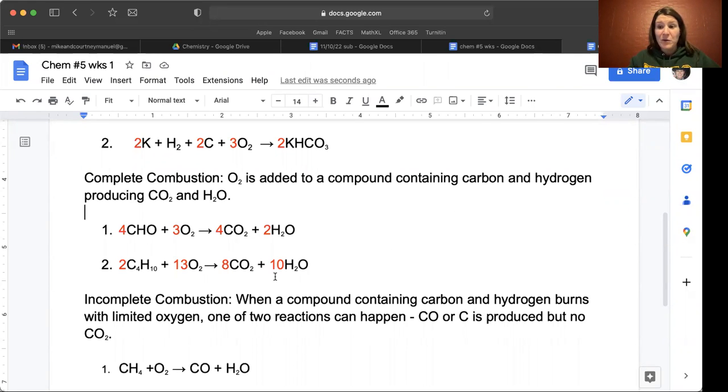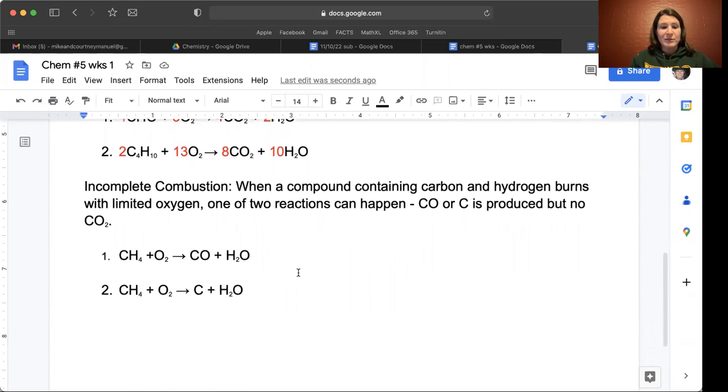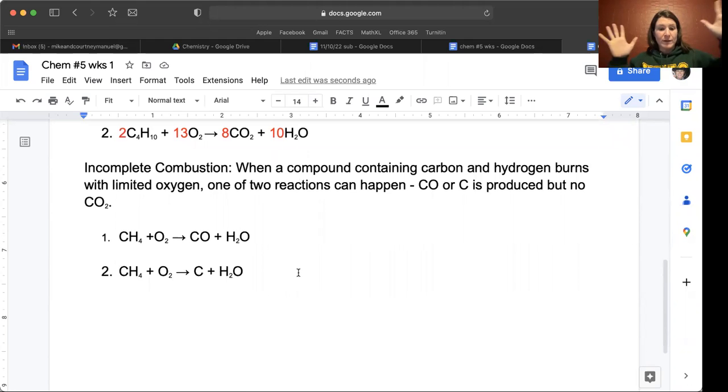You'll see maybe you had to do a little wrestling through on that, but you should end up with a 2, a 13, an 8, and a 10, with carbon dioxide and water on the product side of that reaction. Okay, last one. If you guys are able to get to this, mind blowing. This is amazing because you already had a quiz today. So if you get here, high five yourself.